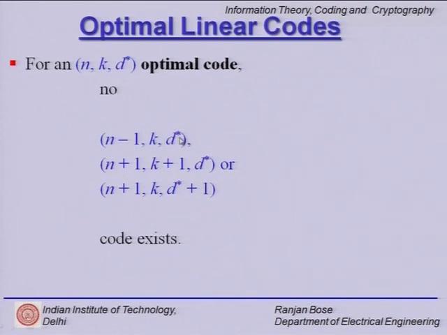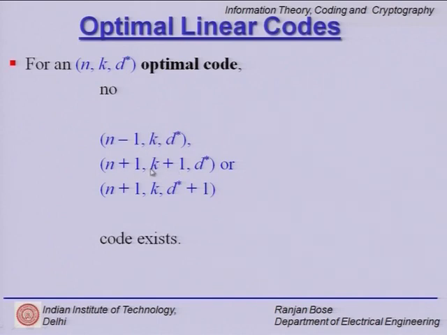Or I say, look, d* I am not touching, I can increase n to n plus 1 and increase k to k plus 1. So, what does it mean? That my code rate has become (k plus 1) over (n plus 1), and I can keep going and make it k plus 2, n plus 2.